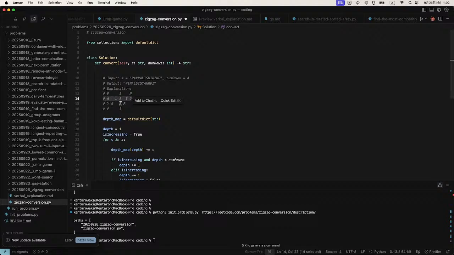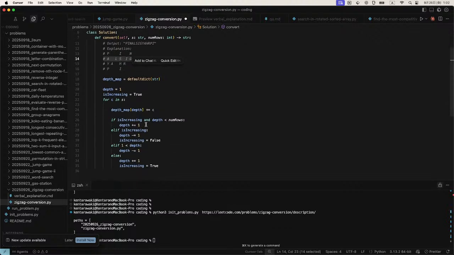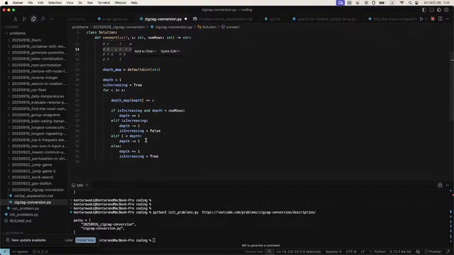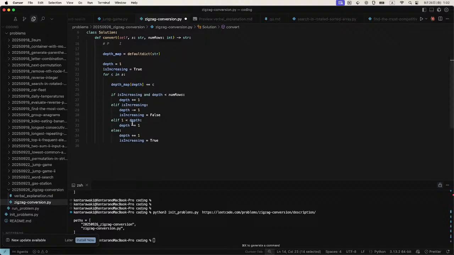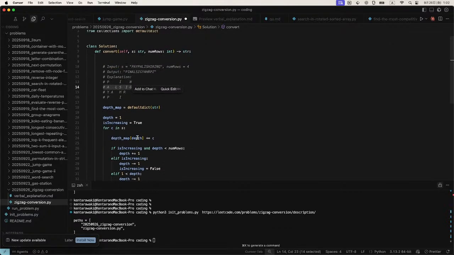It's the same as the original strings. So we just add characters and just manage the depths. Okay, I think this is good.